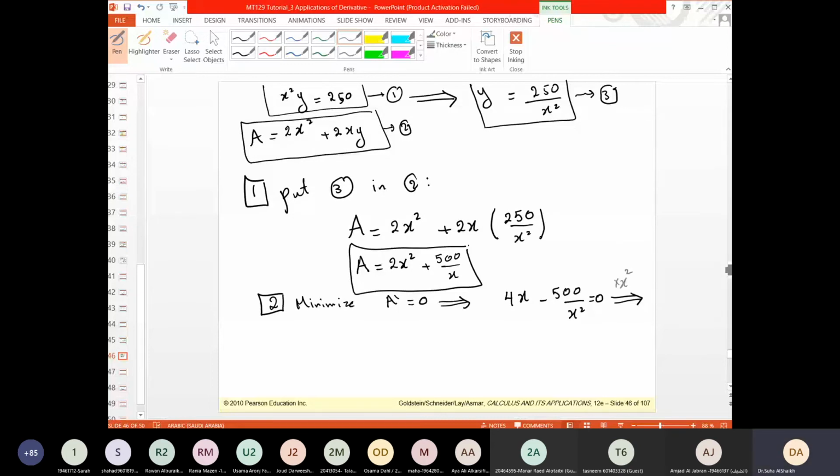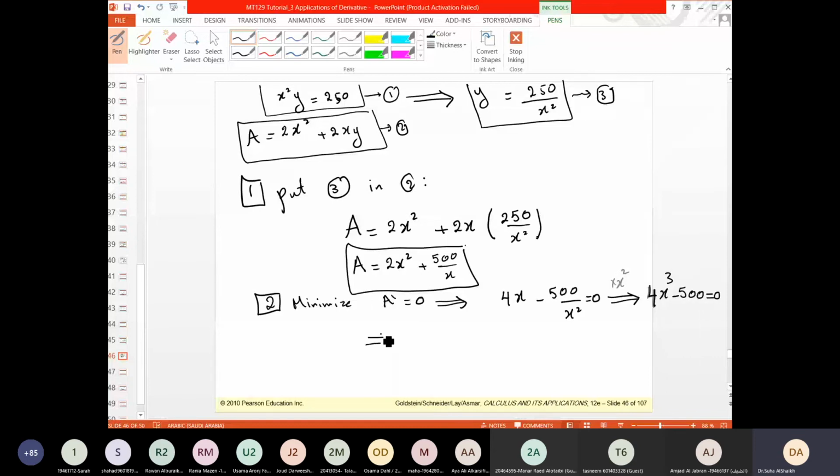So I will get 4x cubed minus 500 equal to 0. This implies x cubed equal to 125. This implies x is equal to 5.